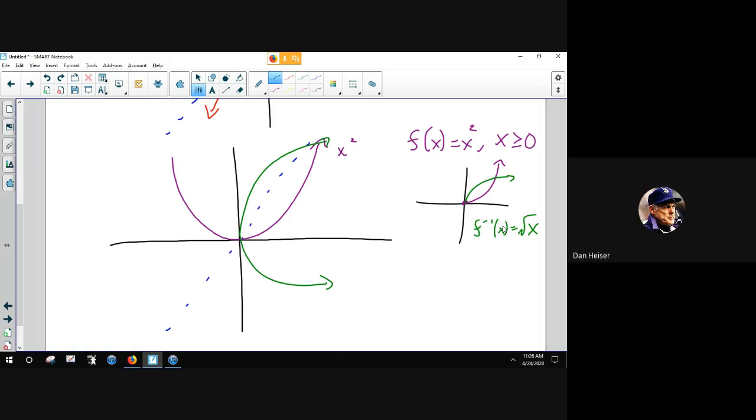Now, we are not saying that this goes away forever. We're only saying for the purposes of an inverse, we are restricting this to allow this to happen. In general, this is still a parabola. It is still a U-shaped curve.